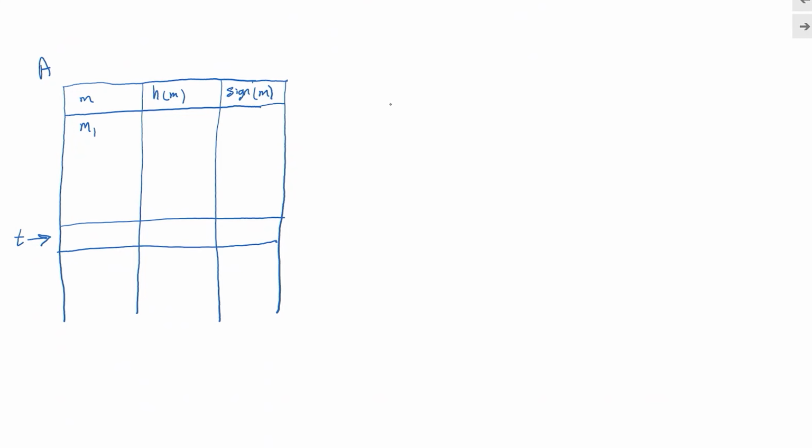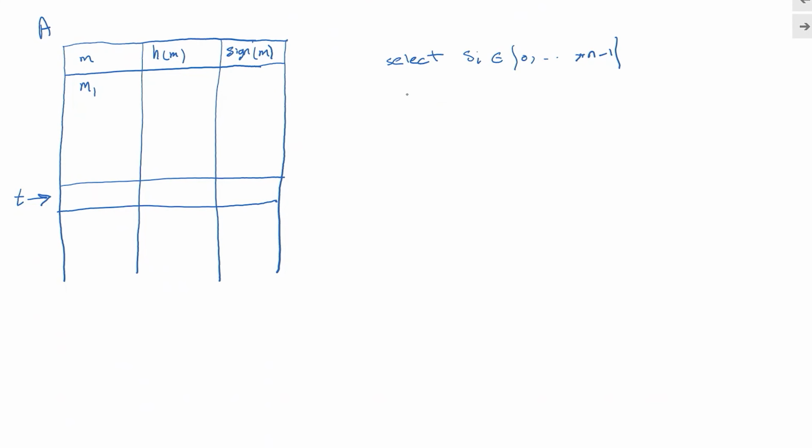He would select an si from 0 all the way to n-1, a random value, and then computes the hash of mi to be hi. We are going to say this is equal to si to the power e mod n.